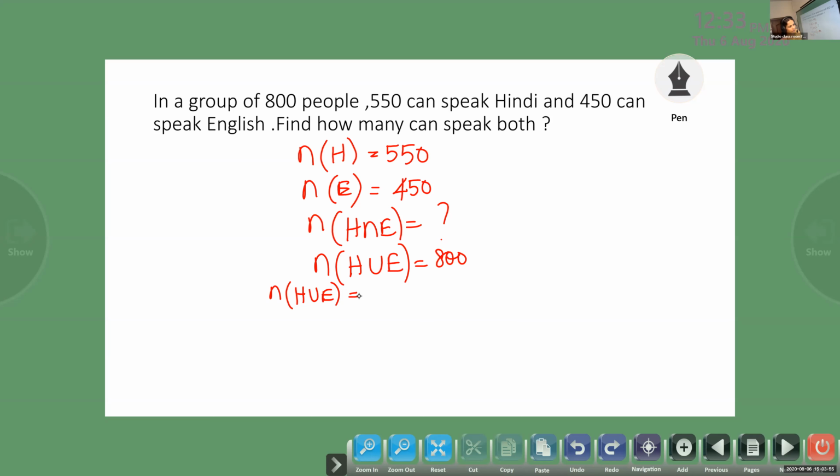Okay, I'm not able to hear. n of H plus n of E, good, minus n of H intersection E. Apply all these values and find out what is n of H intersection E.